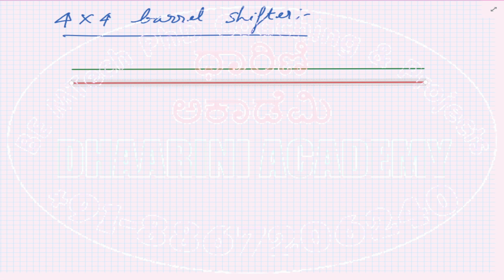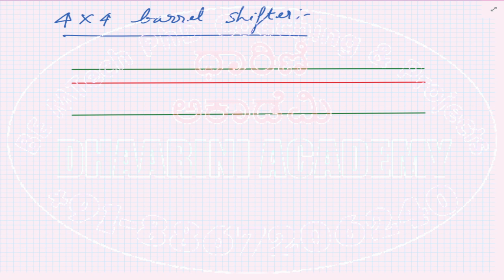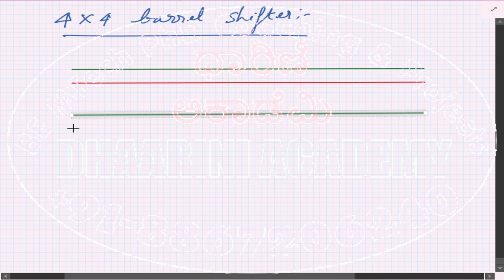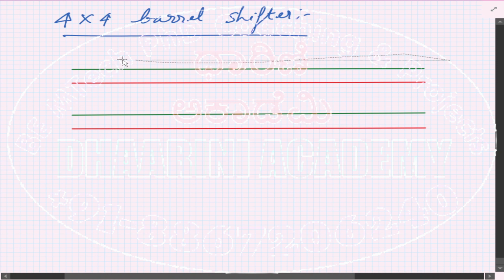Same thing needs to be repeated 3 more times. There is an input, this is an input, and I have to write an output below that. Then let's copy this itself once.